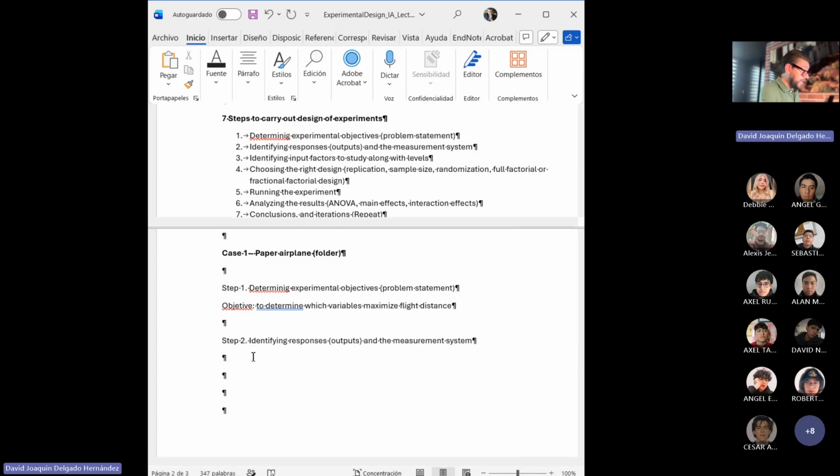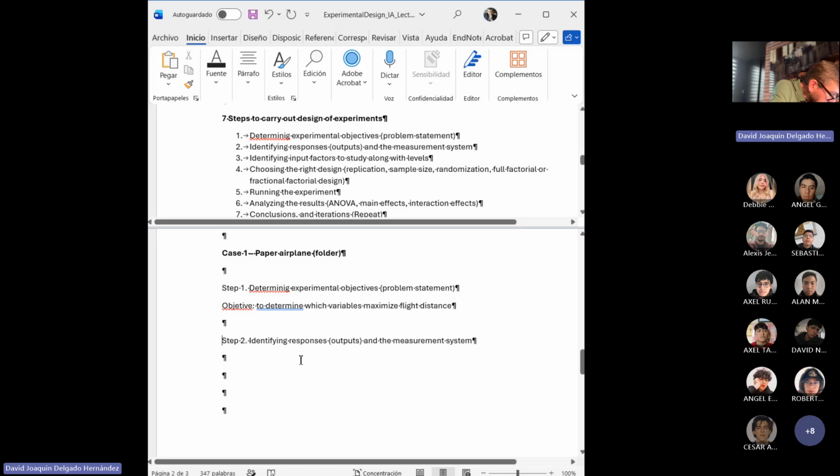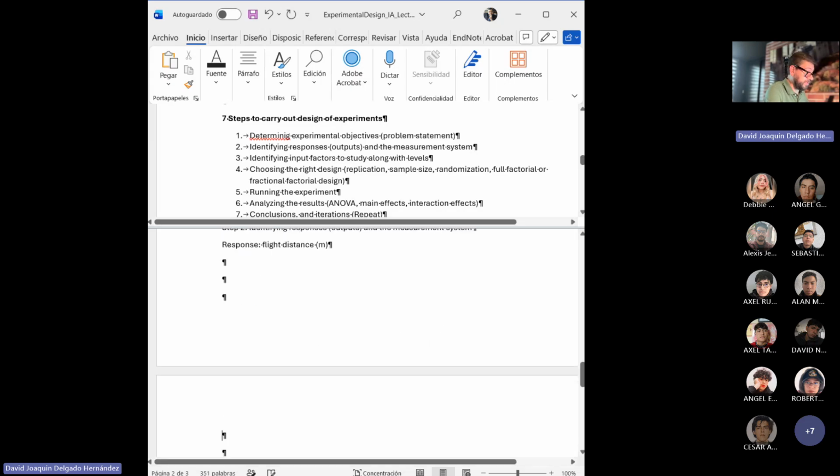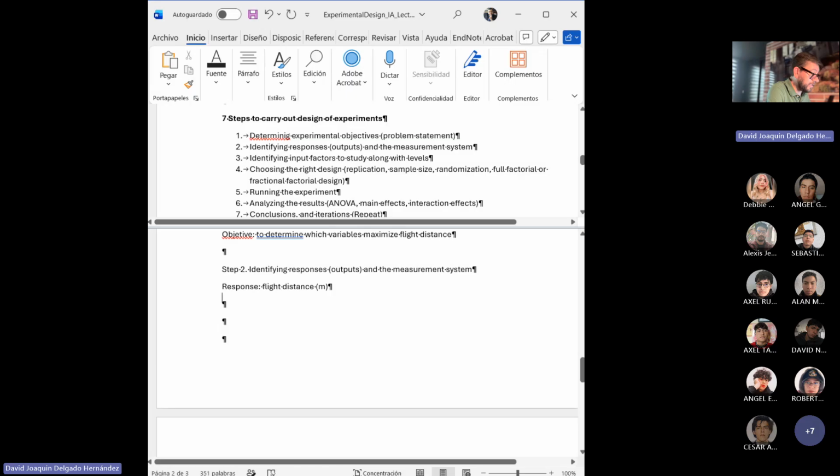Step number 2 here is to identify the response outputs and the measurement systems. So the response is the flight distance, and I am going to measure in meters. Okay, that is going to be my measure for response flight distance.